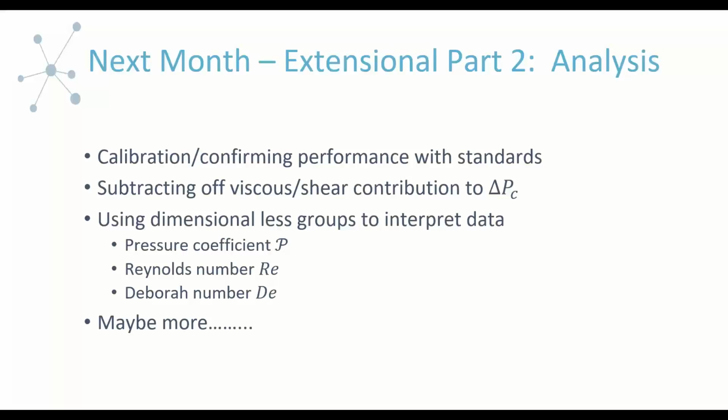Some of these would be what's defined as the pressure coefficient, the Reynolds number, which might be familiar to some people, inertia to viscous forces in the system, and then the Deborah number, which relates the relaxation times of the material to characteristic time scales of the fluid.